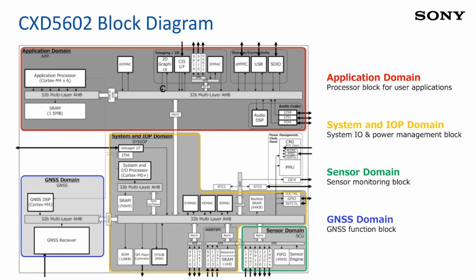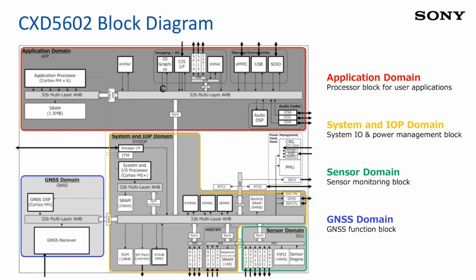All of those sensors come to the chip and go to this green one, right? When it goes to this green one, this block is awake and comes out of idle, right?